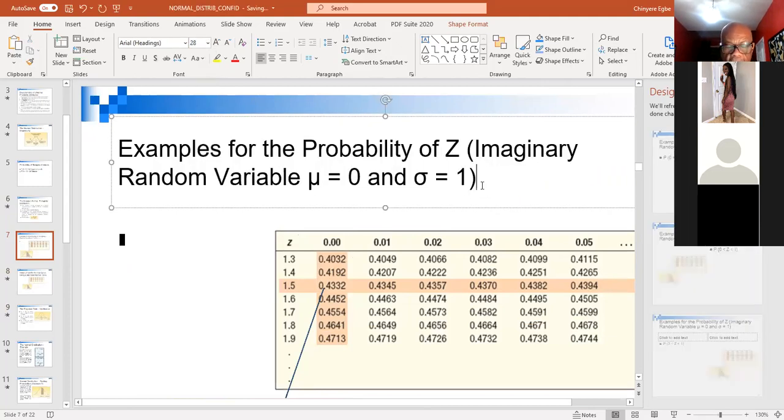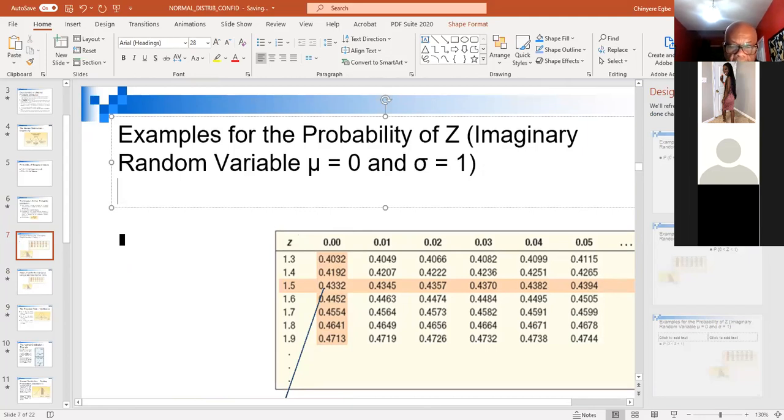And we're going to find out, for example, the probability that Z has a value between 0 and 1.3. Okay.